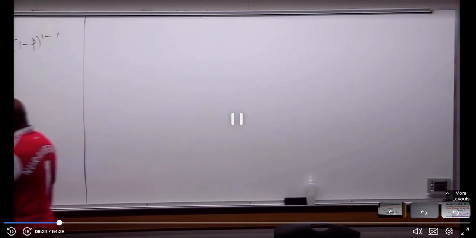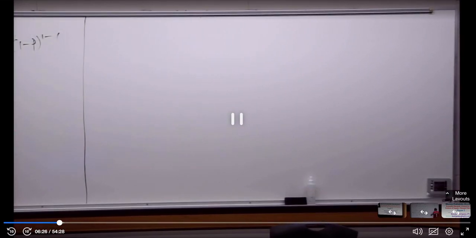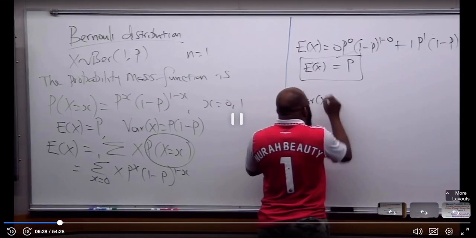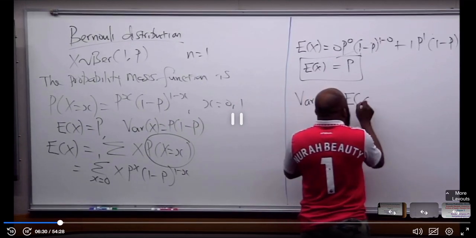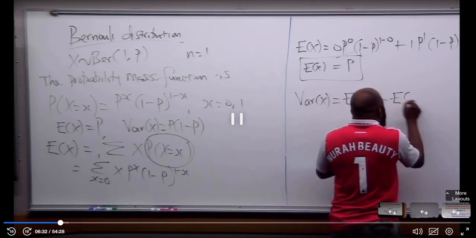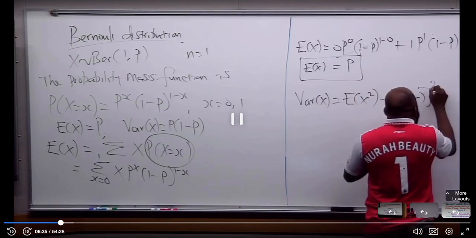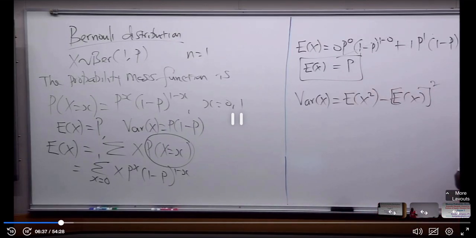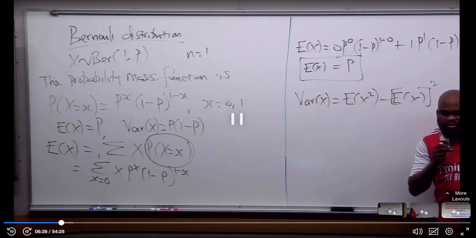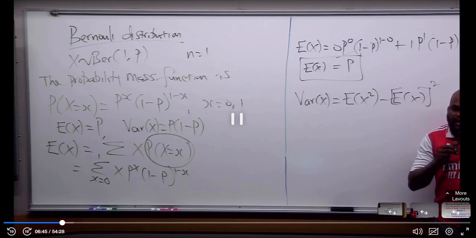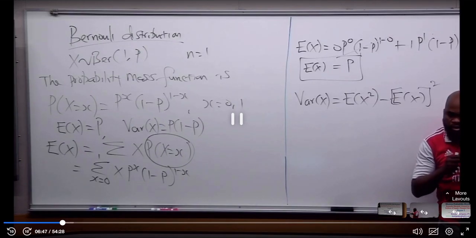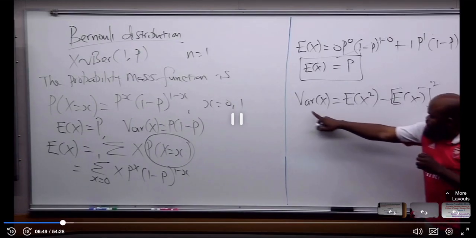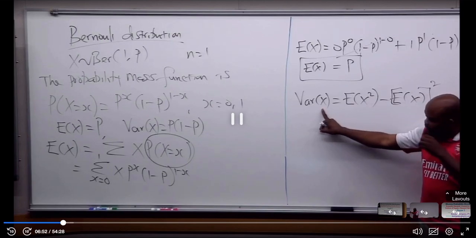Okay, now let's go to variance. The variance of X is the expected value of X squared minus the expected value of X, all squared. Whether discrete or continuous, of course, we're going to start continuous distributions next week, if I want to find the variance of X, it is this.